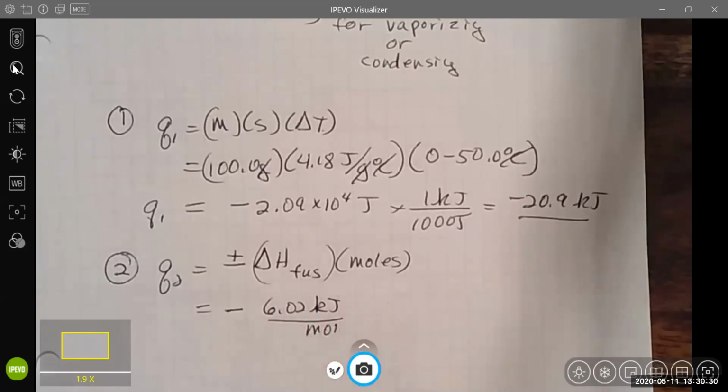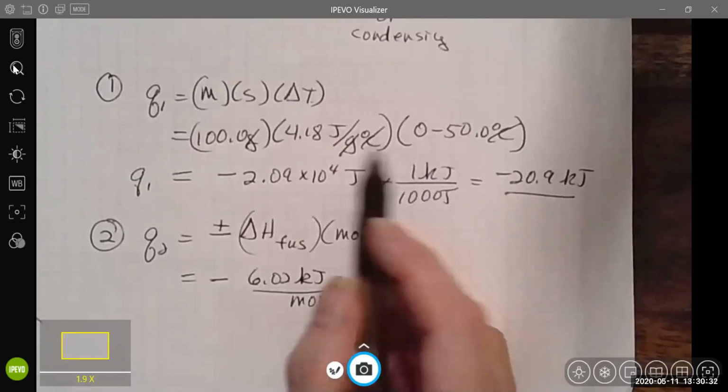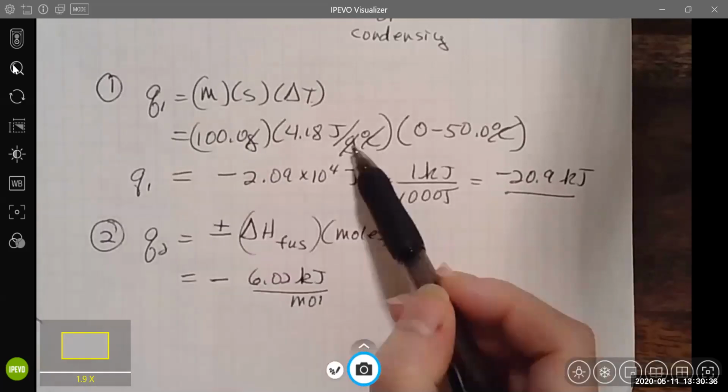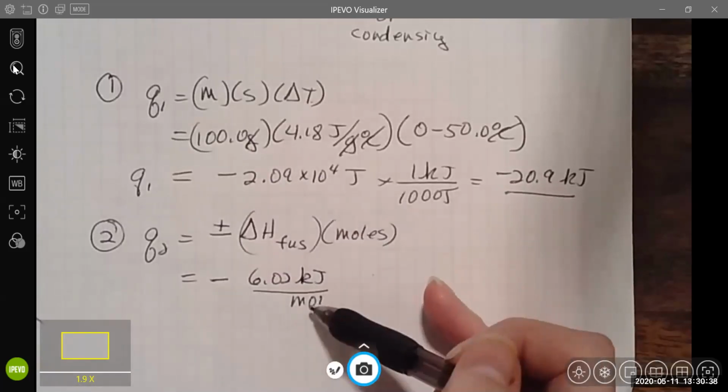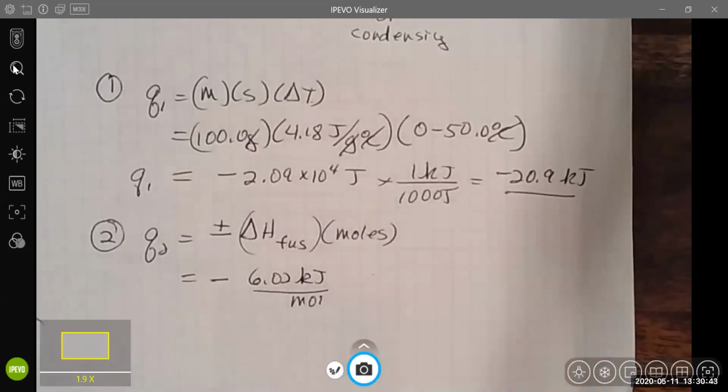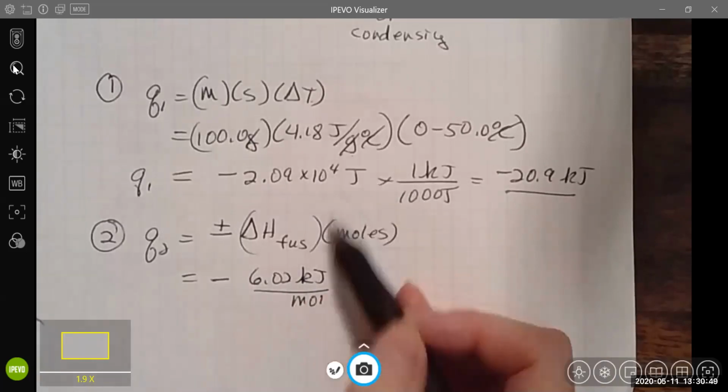That's why we need moles here. Up here we use grams because the specific heat is given in units of grams. Sometimes it's given in moles. For you, I'll give you this one in grams and this one in moles.